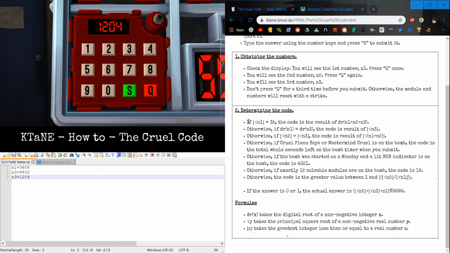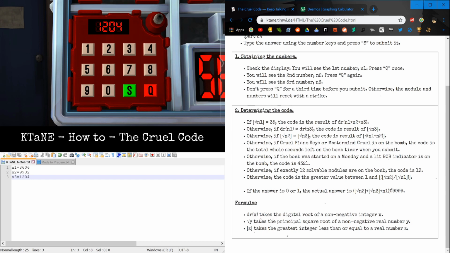So the rules for determining the code we submit are right here. We're going to start by looking at these formulae right here. The first function of the formulae is dr of x. This is the digital root of whatever we're putting in. The digital root is the consecutive sum of the number's digits until it becomes one digit.